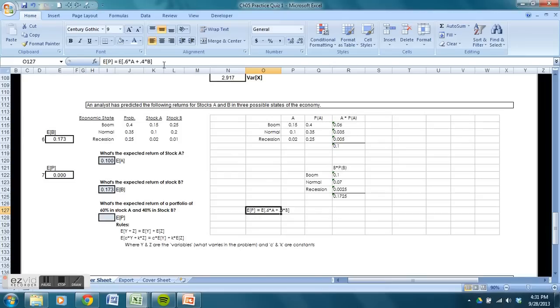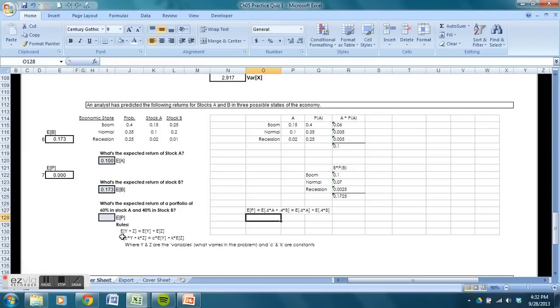I see the plus sign here, and now I can cut it into two expected values. Expected value of whatever is before the plus sign, 0.6 times A, plus the expected value of whatever is after the plus sign. It's the same thing.